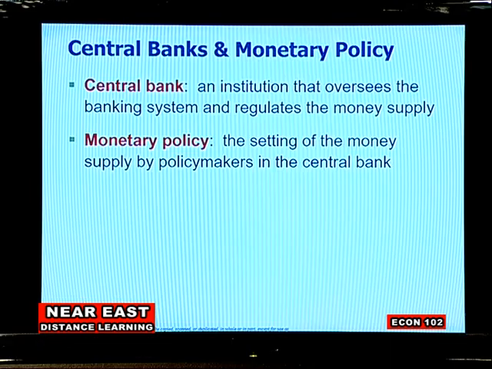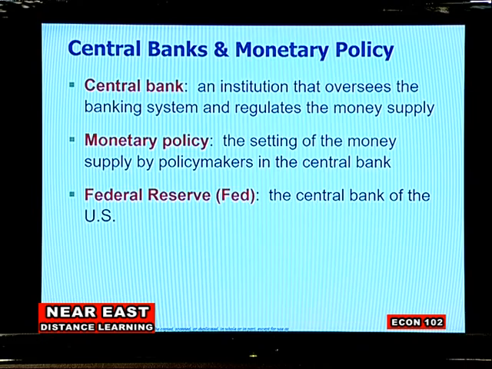So monetary policy is just a tool used by the central bank to ensure that the economy is doing well. The central bank determines monetary policy and money supply to ensure that the economy is doing well. Such manipulation of money supply is called monetary policy.